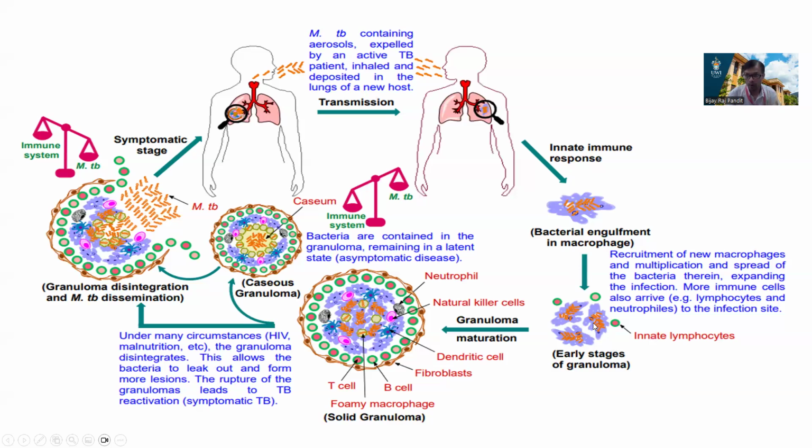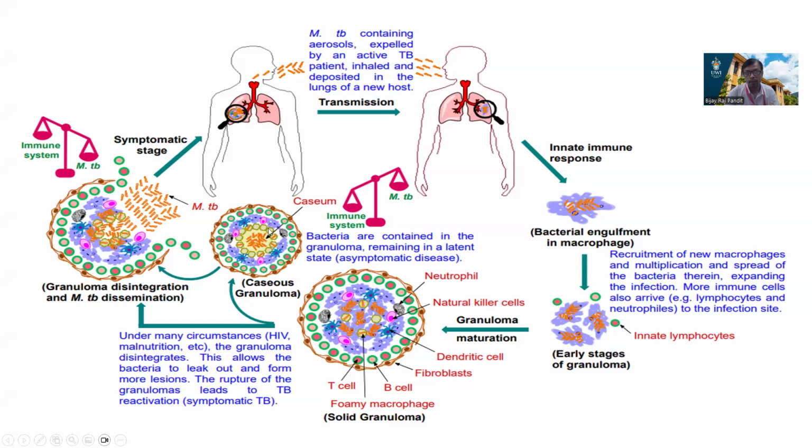Inside the macrophages, the Mycobacterium tuberculosis will multiply and they form the early stage of the granuloma. This early stage of the granuloma is surrounded by different immunological cells like the natural killer cells, dendritic cells, fibroblasts, T cells, and B cells, and forms foamy macrophages which trap the Mycobacterium tuberculosis inside. And it is known as the caseous granuloma.